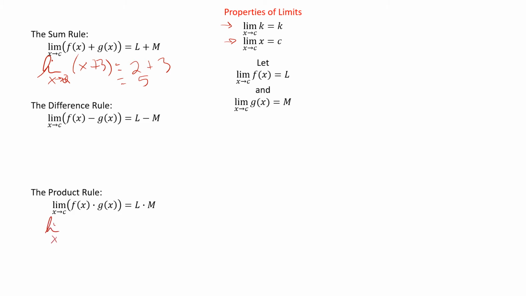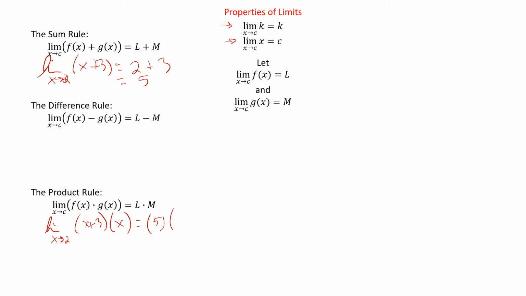the limit as x approaches 2 of, let's let f of x be x plus 3 because we know what that limit is. It's 5. And then g of x, we'll just have that be x. So as we're doing it, we just multiply. We know that the limit as x approaches 2 of x plus 3 is 5 from that first example.